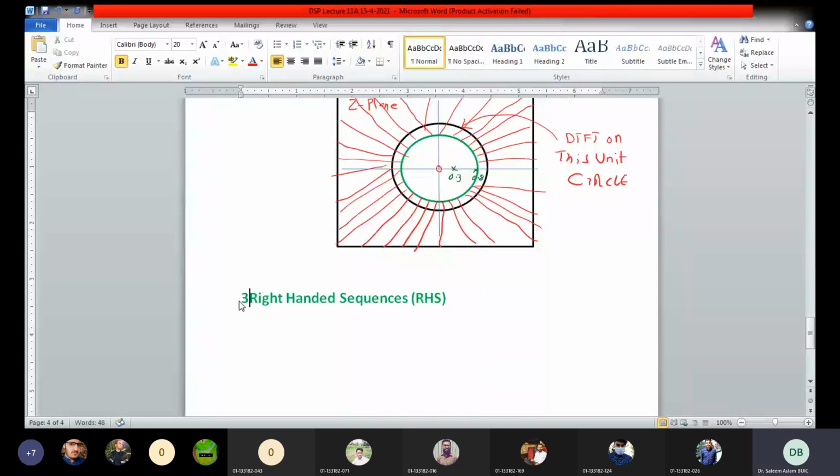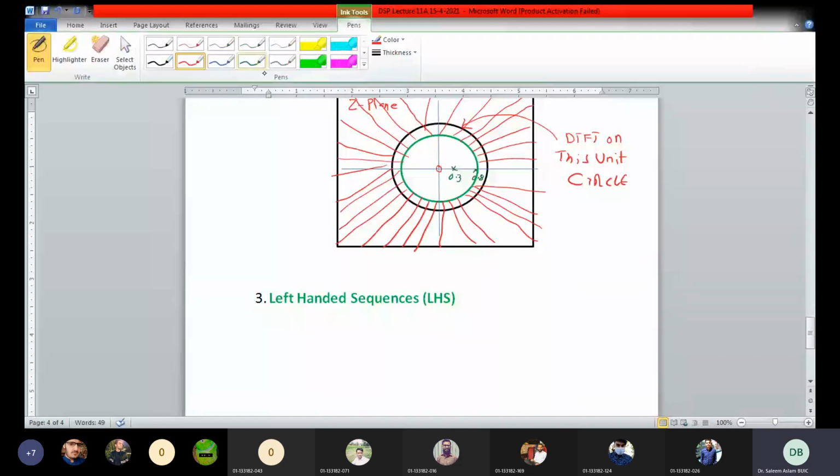So your third topic is left-handed sequences. We call it LHS. First, let me explain why it is called left-handed.